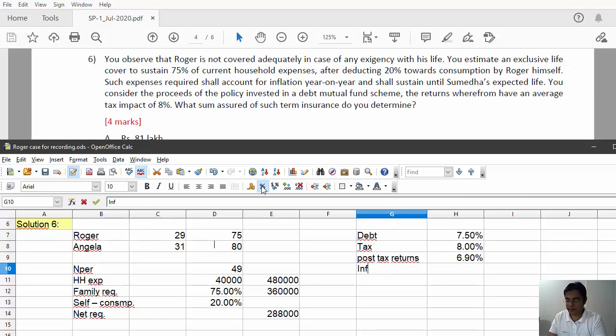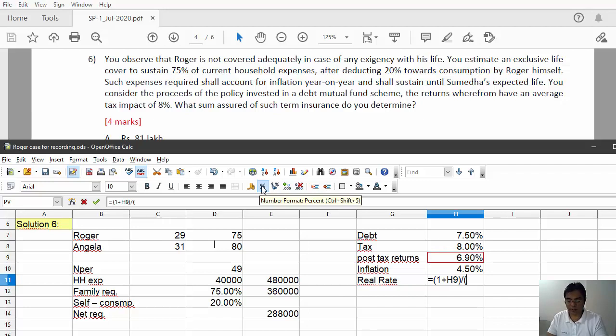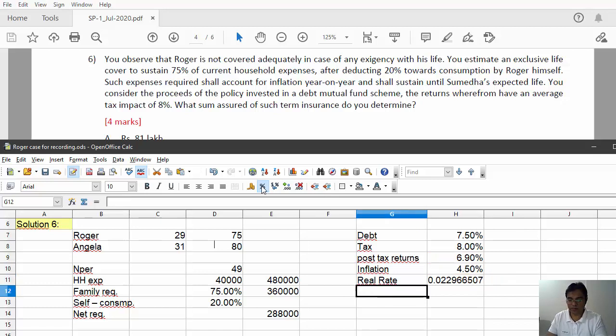In the same way, the inflation given in the case is 4.5%. So what is the inflation-adjusted return? For that we have to find the real rate, which is 1 plus your post-tax returns divided by 1 plus inflation, minus 1. So it comes to 2.2966. Let me convert it into a percentage. Up to 2 decimals it is showing 2.3%.